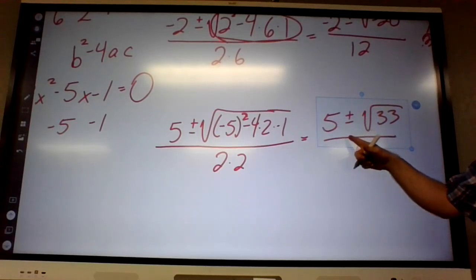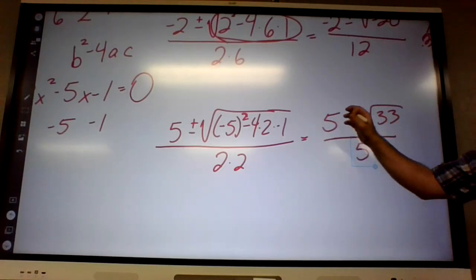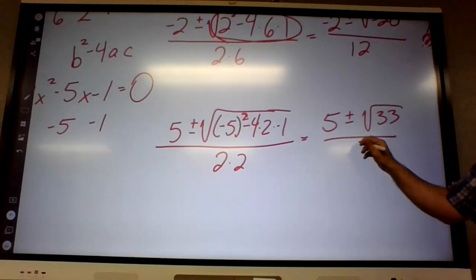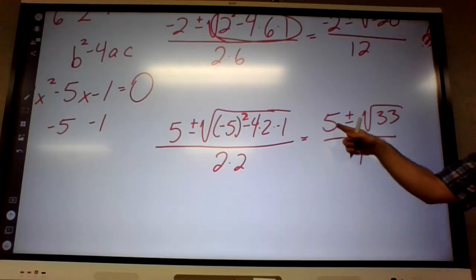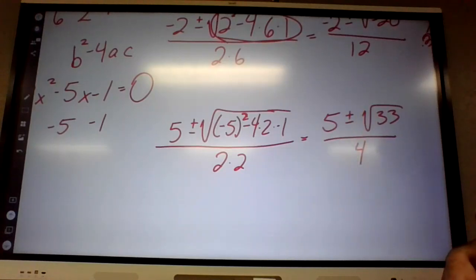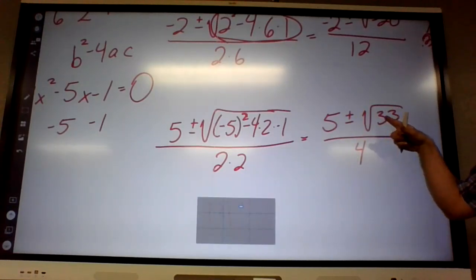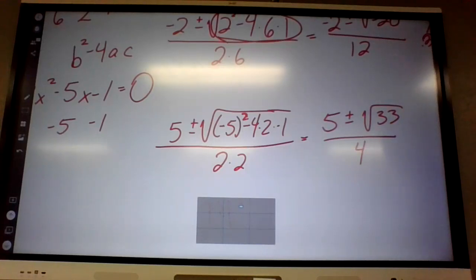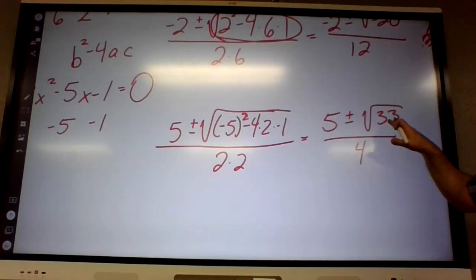No, not unless you split it up, because both of these need to be divided by 5, so you can't just do one of them. If you split it up, then you could reduce it on the 1, but it wouldn't even help. The only time you need to split it up is if it's an i. They're okay if you leave it as normal, if it's a normal square root.